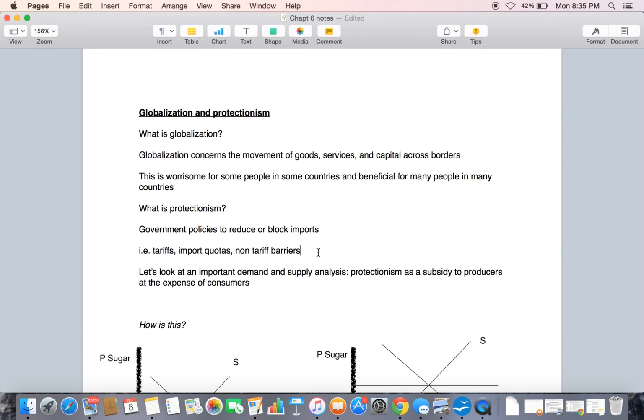There are several ways of accomplishing this. You can accomplish it through tariffs, import quotas, or non-tariff barriers. Tariffs are simply taxes imposed on imported products. You won't usually notice it when purchasing something from another country, but generally there is an import tax applied to that good or service.